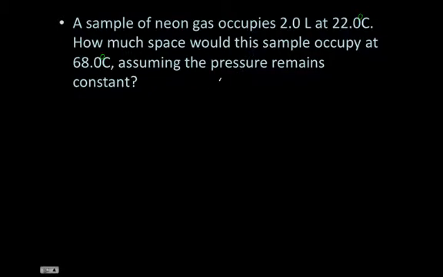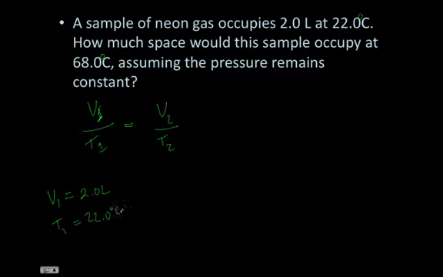Okay, so first thing we do is we have Charles's law here, which is V1 over T1 equals V2 over T2. And basically I'm just going to write down my knowns. My V1 is 2 liters. My T1 is 22 degrees Celsius.